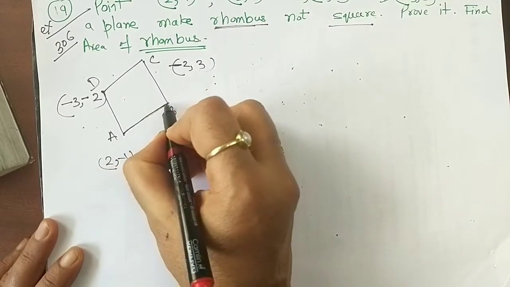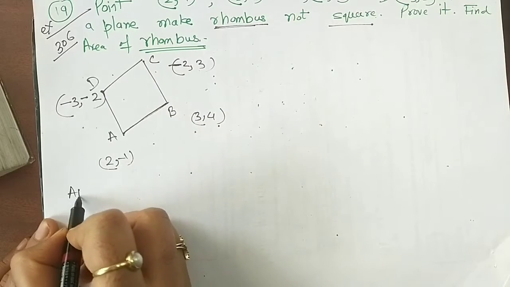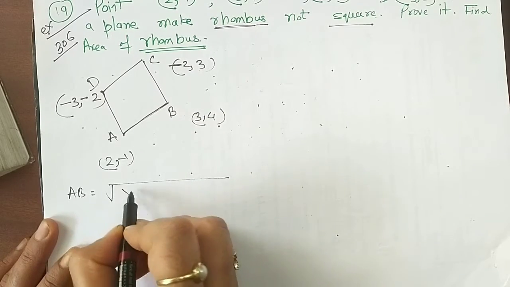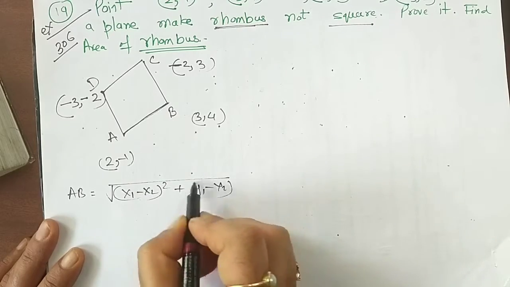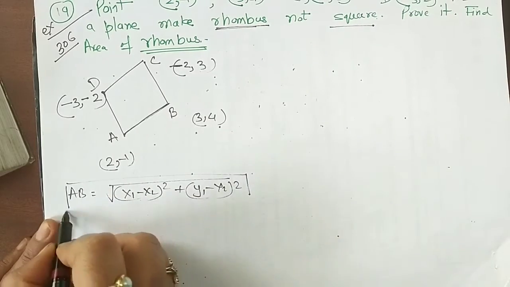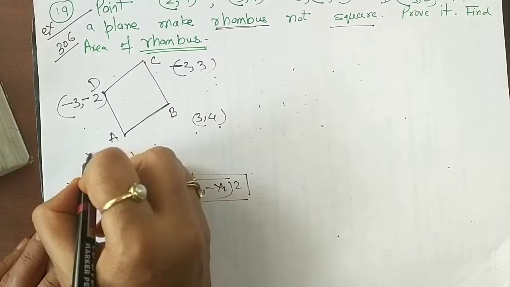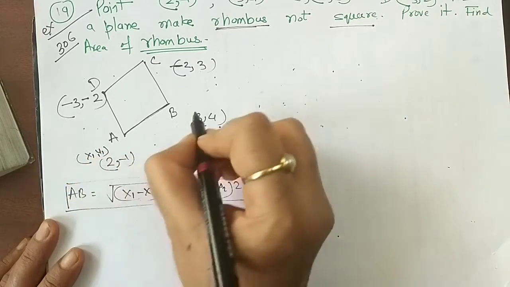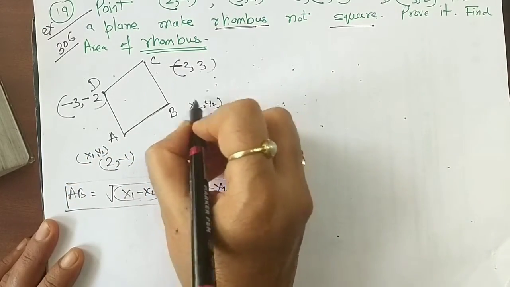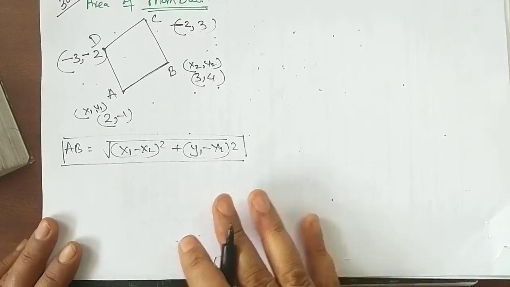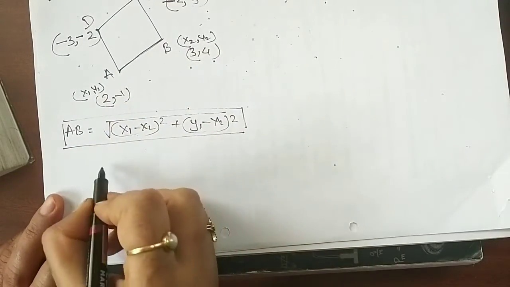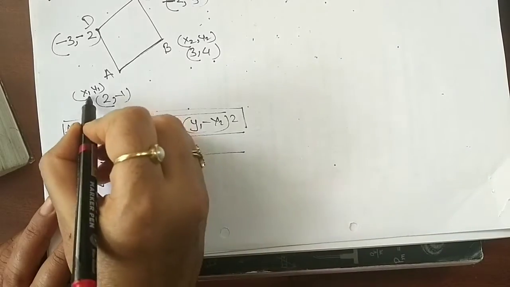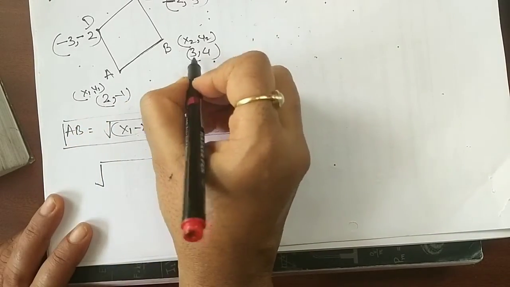So what I have to find out is all four sides. So let me do AB. What is the formula? x1 minus x2 square, y1 minus y2 square. For A I am taking x1 y1 to show you, and for B I am taking x2 y2. So let me fit the formula. x1 minus x2. What is my x1? It is 2. x2 is 3.